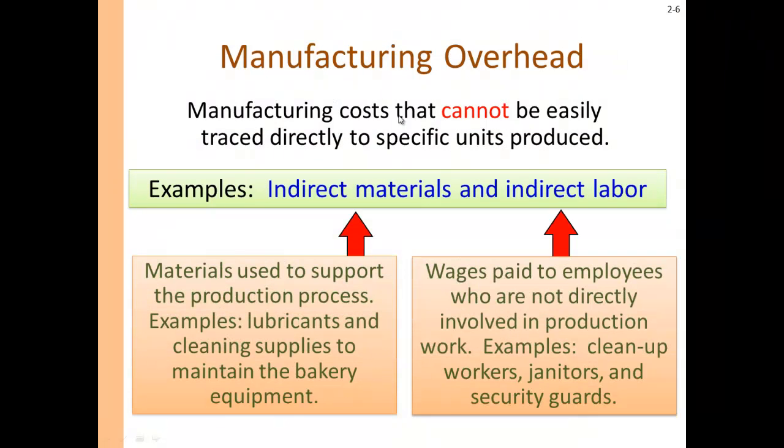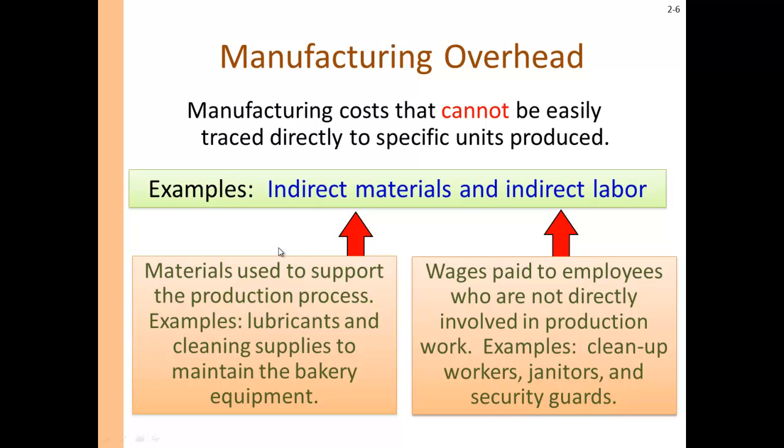Now, manufacturing overhead costs cannot be easily traced to specific units. There are such things as indirect materials and indirect labor. Materials used to support the production process are indirect materials, like lubricants and cleaning supplies to maintain the baking equipment.